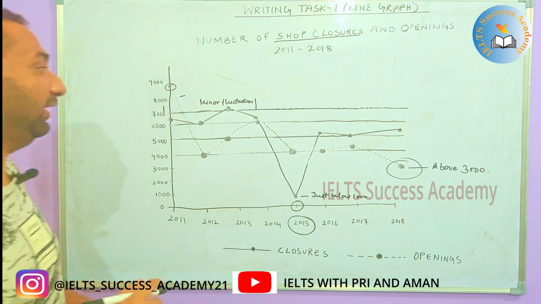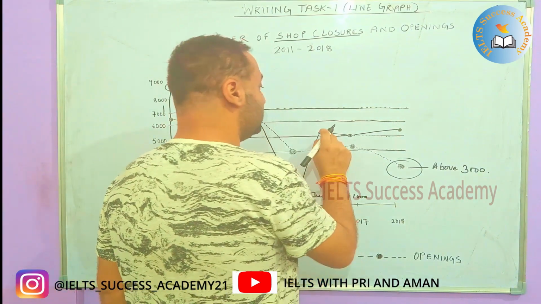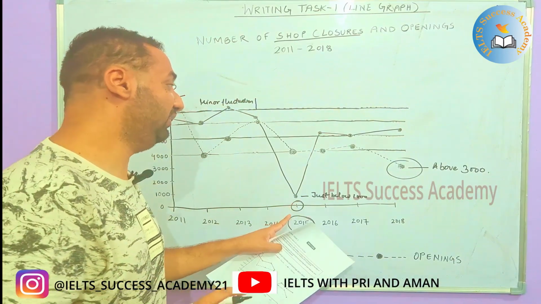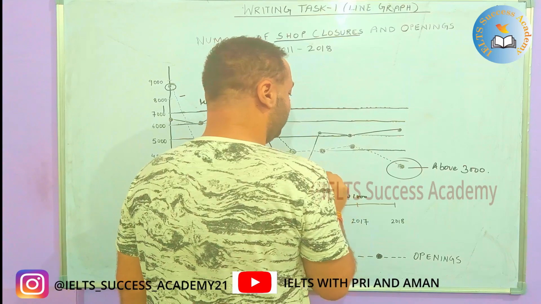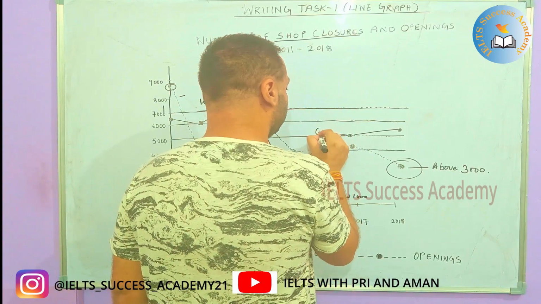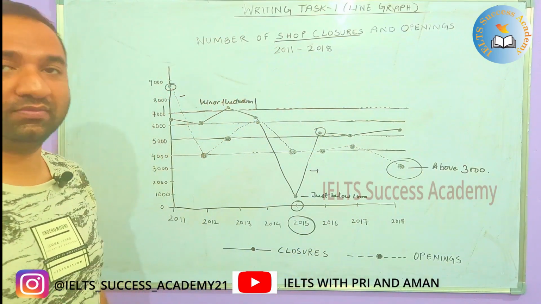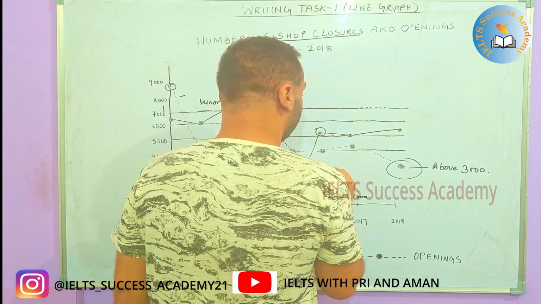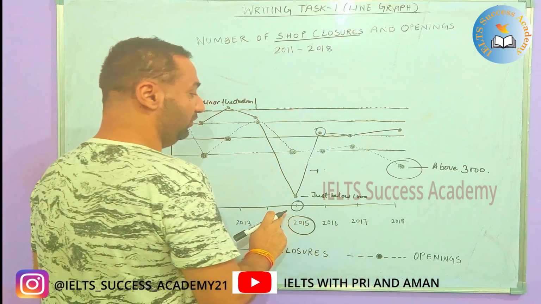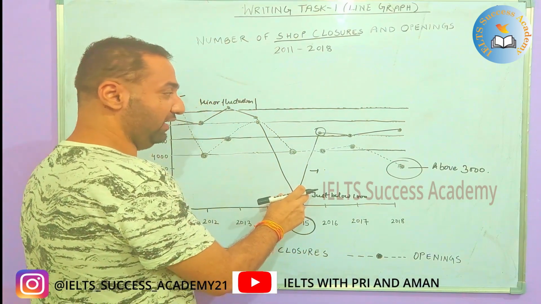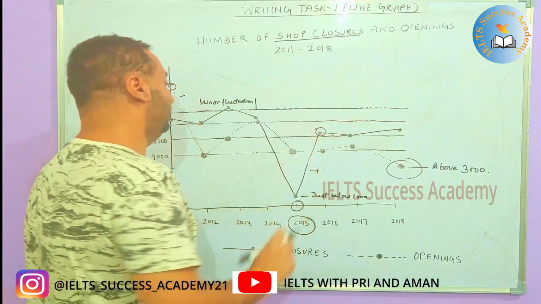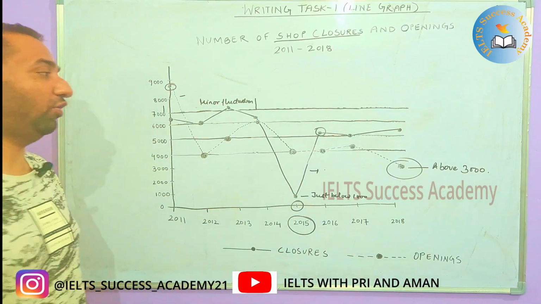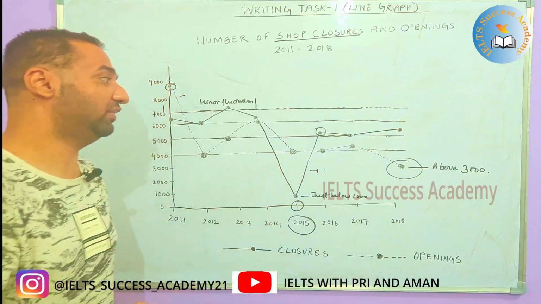But again in the year 2016 we see a major climb. In the year 2016 we had a major climb up, this one. So the number of shop closures again increased from just above 900 to just above 5,000.